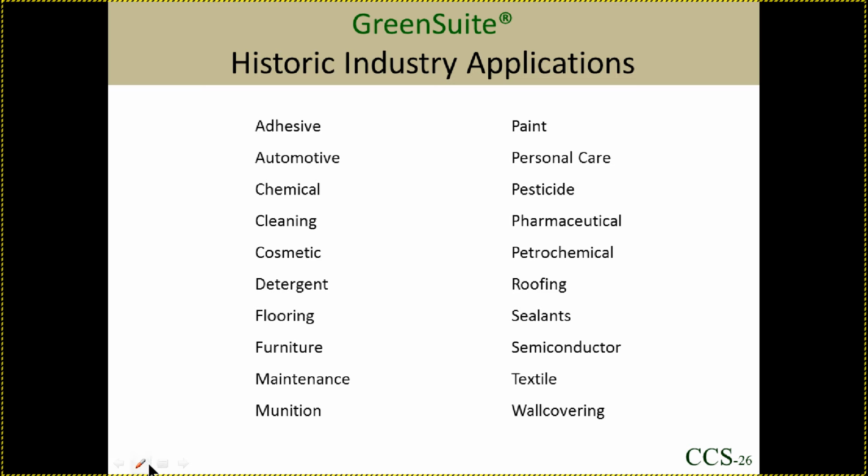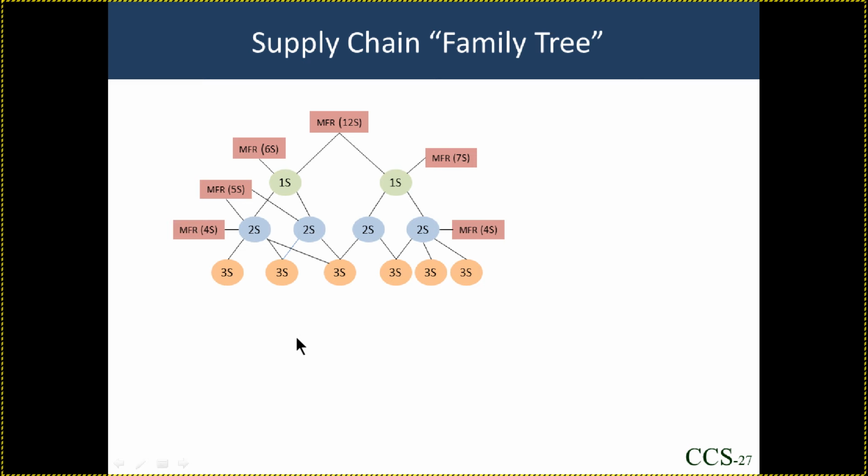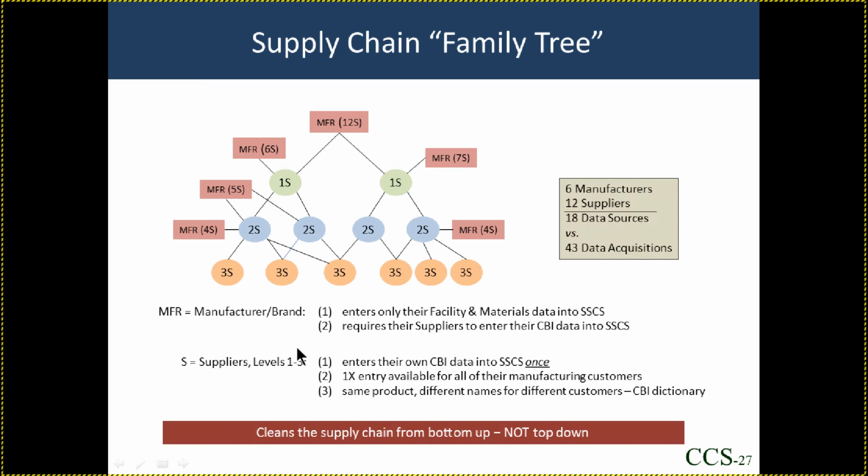And finally, Green Suite is designed so that it can apply across the entire supply chain, so that we can carry the risk assessments from the 3rd level supplier to the 2nd level supplier, 1st level, and finally to the manufacturer. The advantage, as noted in the bottom footnote, is that this enables us to clean the supply chain from the bottom up. Retailers have been compromised in trying to clean the supply chain from the top down, because the manufacturers are reluctant to divulge openly the compositions of their formulations and products.